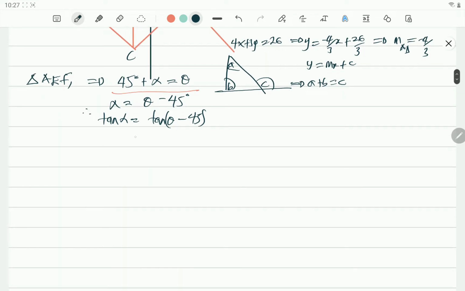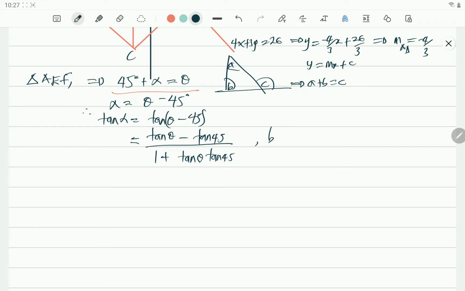And here I apply the double angles property. So tan theta minus tan 45 divided by 1 plus tan theta times tan 45.